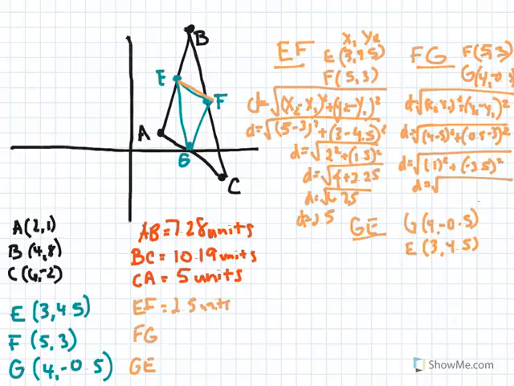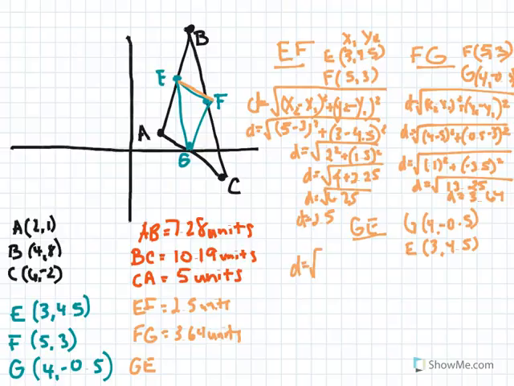The square root of 1 plus 12.25 gives us 13.25. We get distance equals 3.64. The distance of FG is going to be 3.64. Hold on, this is messy. Equals 3.64 units.